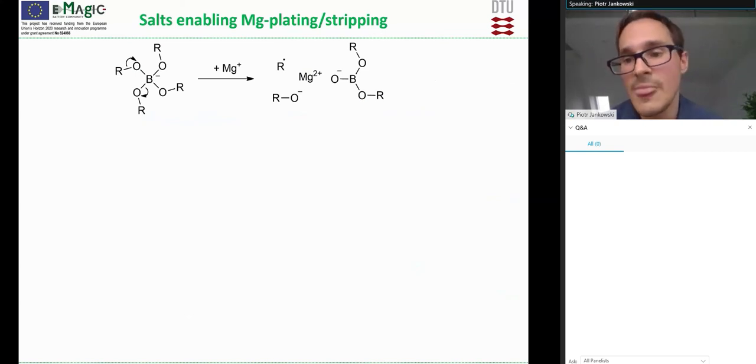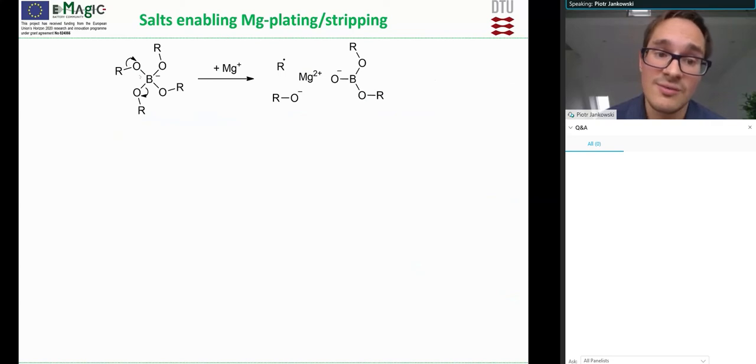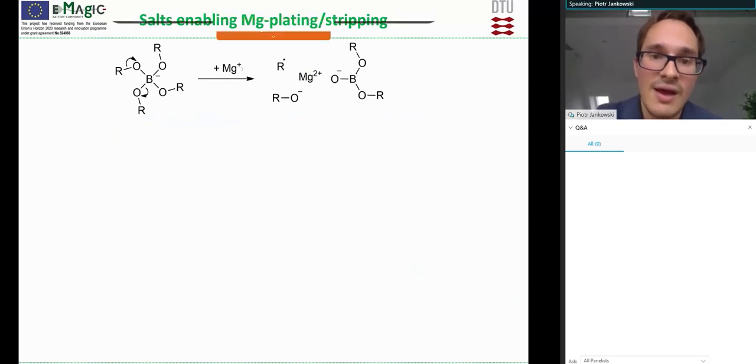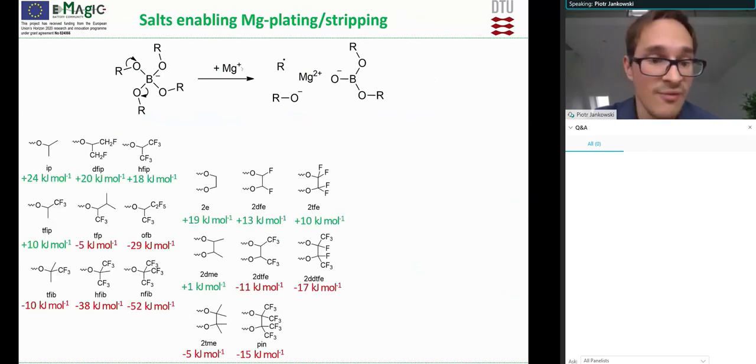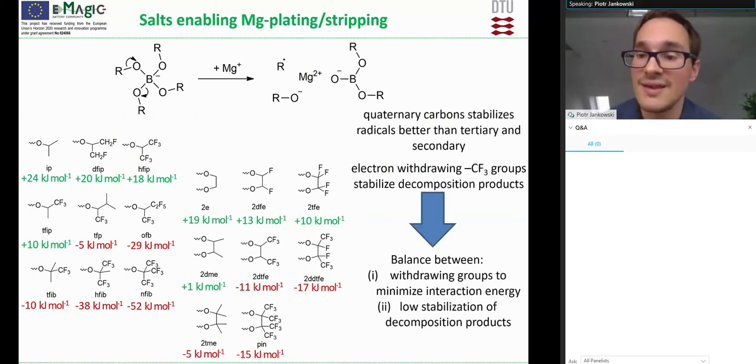Then, going to the decomposition, we found that the mechanism of breaking this bond and this bond is the weakest point of the salt when we add this magnesium plus. We studied this for all of the ligands and found that there is quite a clear connection between the structure and the stability. If we have a lot of groups connected here to this carbon, it will stabilize the radical form here.